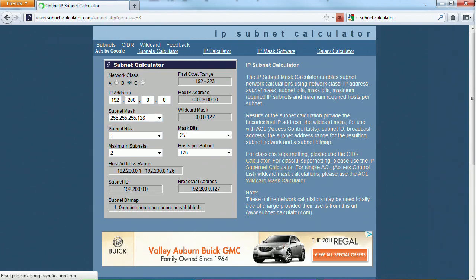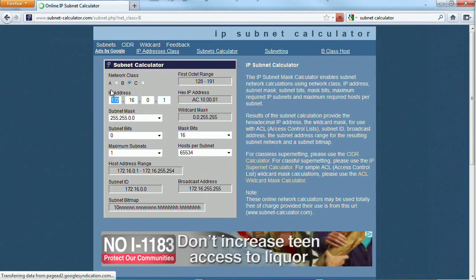So this one's not that great then. Let's see, class 100, 200. It was checked as class C by default. Well, there's other ones besides this that would do the same thing.